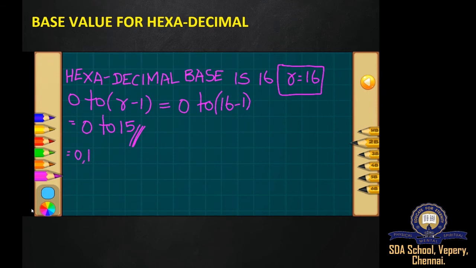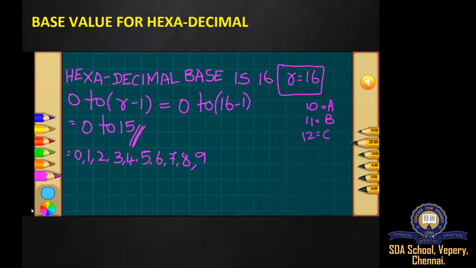But we are not having some digits in decimal. So 0, 1, 2, 3, 4, 5, 6, 7, 8, 9. After 9, we don't have numbers in decimal.